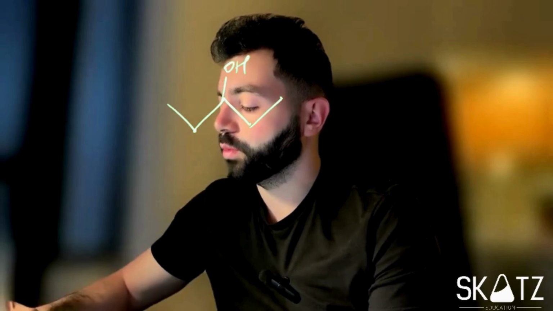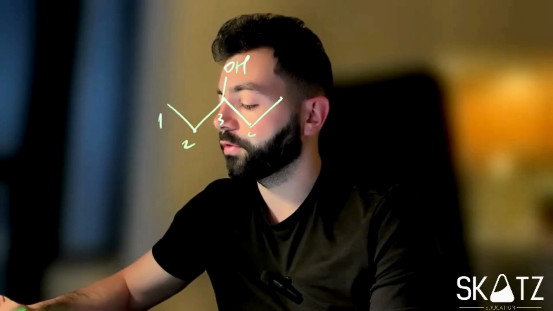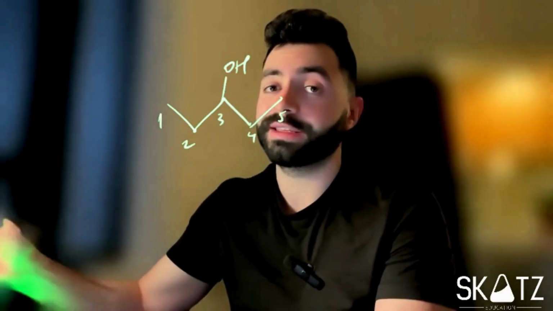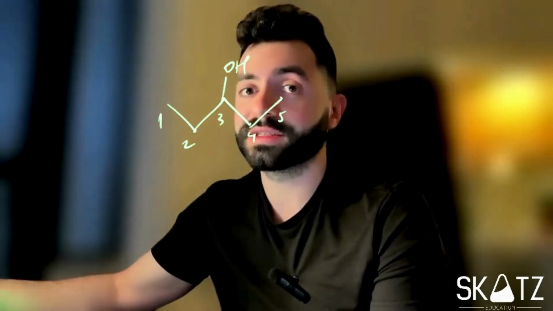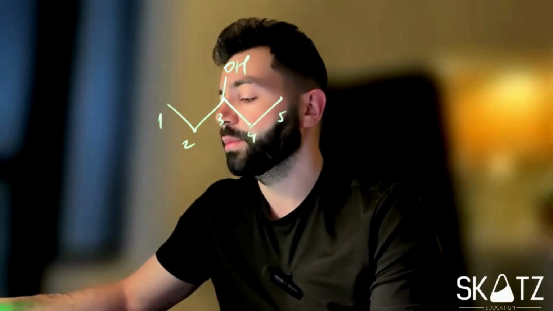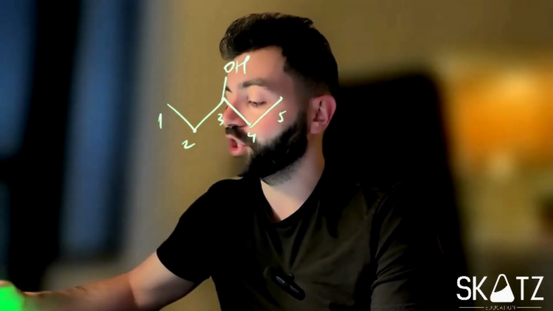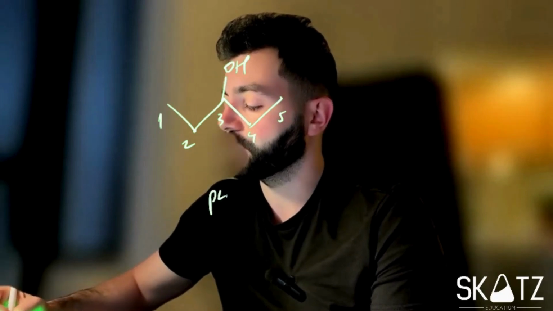Next, let's talk about how to denote where the OH group is within the parent chain. So if I have this compound, the numbering here would be 1, 2, 3, 4, 5. You can go from right to left here. It does not matter in this case because it's a symmetrical compound and you'll still get a number 3 on the carbon with the OH. But the point here is that the parent chain name would be pentanol here.